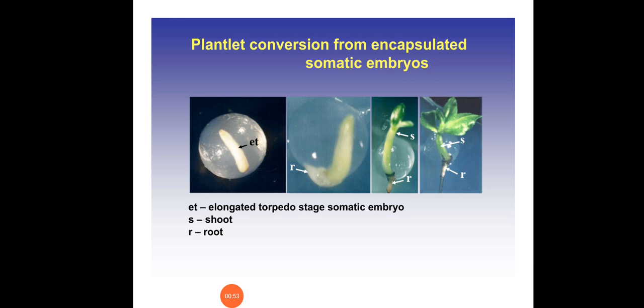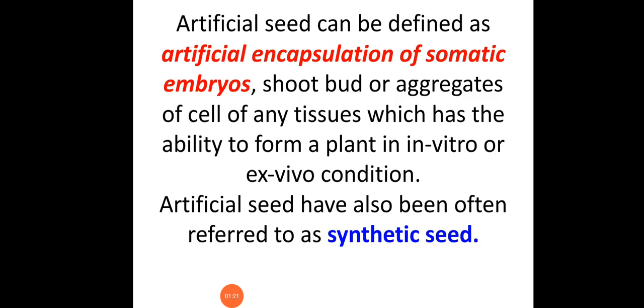The elongated torpedo stage somatic embryo is completely enclosed by a membrane, chemically encapsulated using sodium alginate with calcium chloride. Then it produces a shoot and root. Then it is planted into the soil.